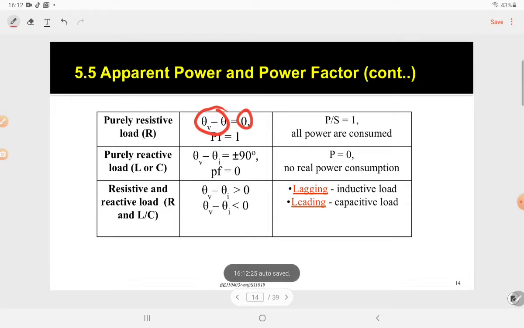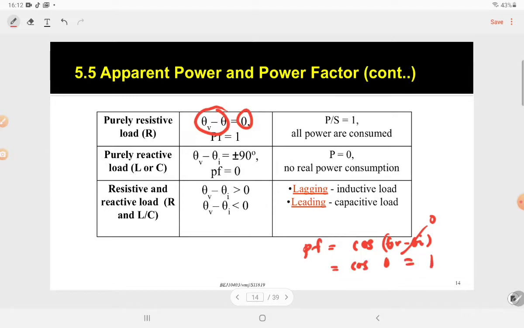Power factor is equal to cos(theta V minus theta I), and cos 0 equals 1. So with a purely resistive load, the power factor is always 1, which means the power is all consumed by the resistor.